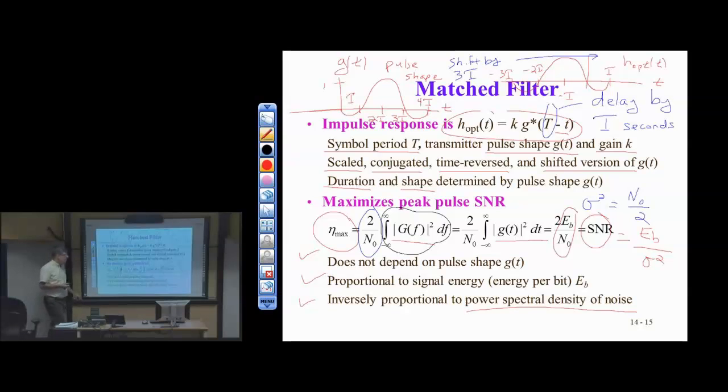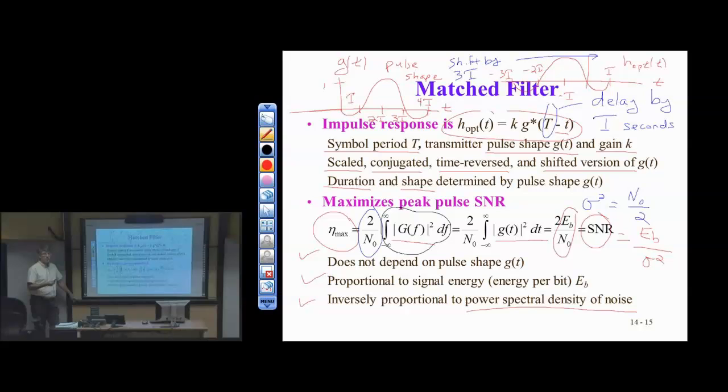Now the communication standards will specify the pulse shape being used. So there really isn't a whole lot of choice on the implementation if you're going with the standard. But if you have your own system, which in many cases you do, a proprietary system, or you're looking at the next generation of something, then you would have the freedom to choose different pulse shapes. A standard may also let you pick from among a set of them.